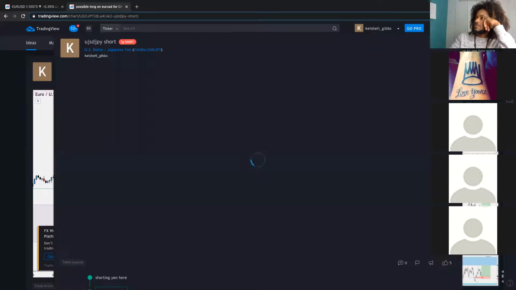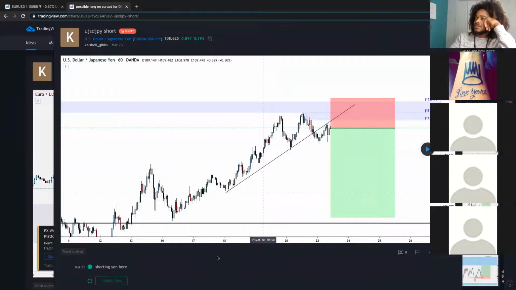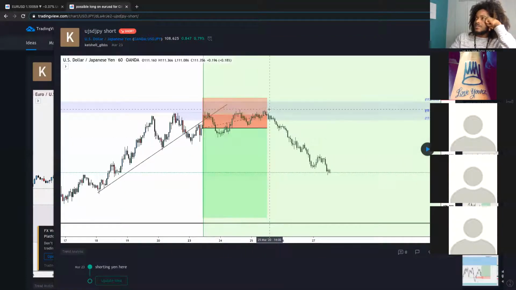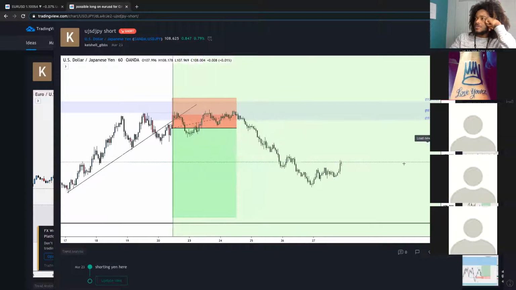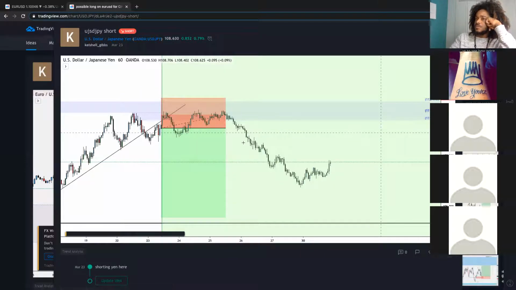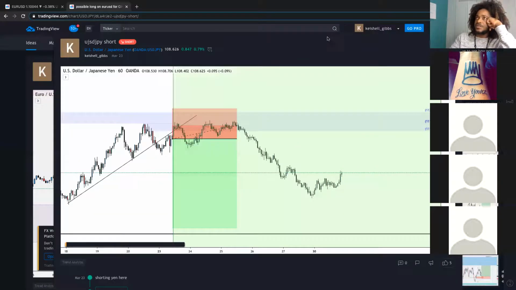Here's the last one I published: EURUSD, short in here, price went up, consolidated, but then eventually dropped for what is now about 300 pips. I should have dragged this across some more. I think we sent this trade on March 23rd.